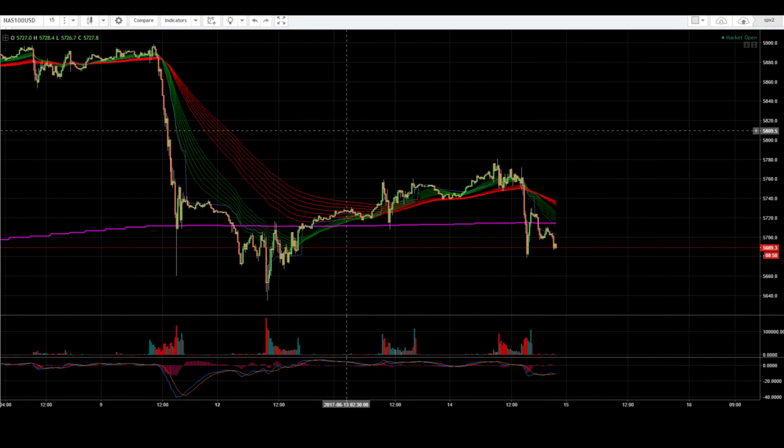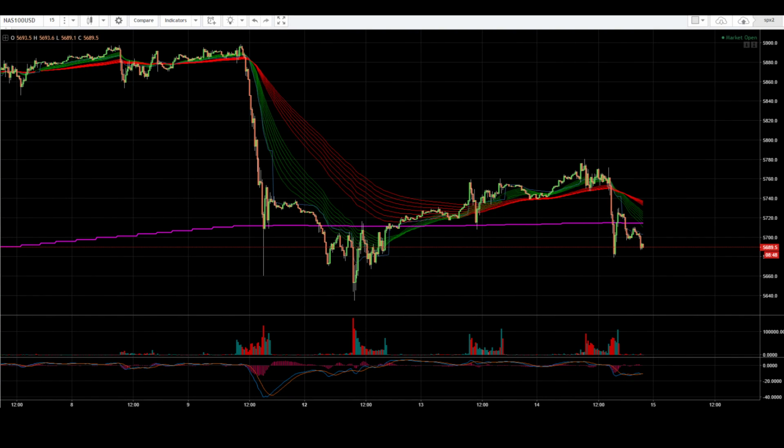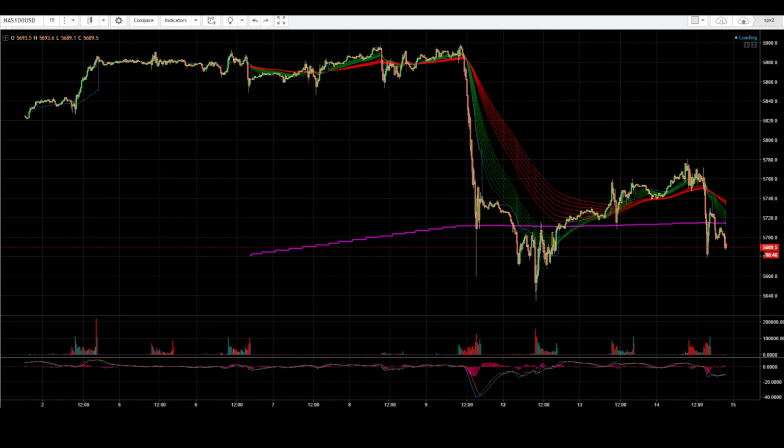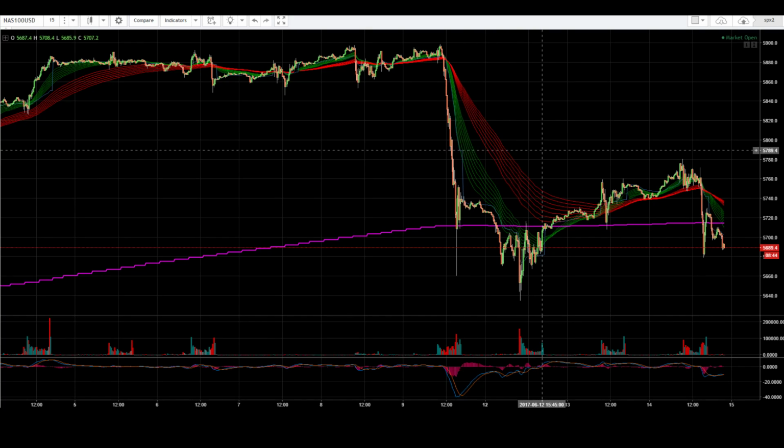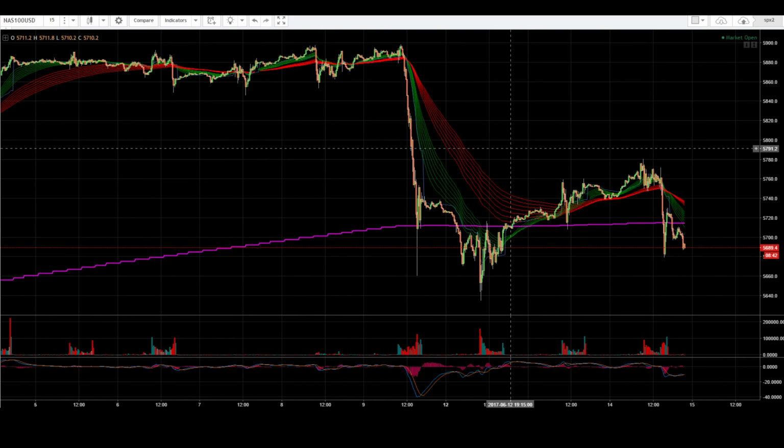Here we go. This is Nas 100. This one should be it. So this is the Nasdaq futures on the 15-minute, guys.